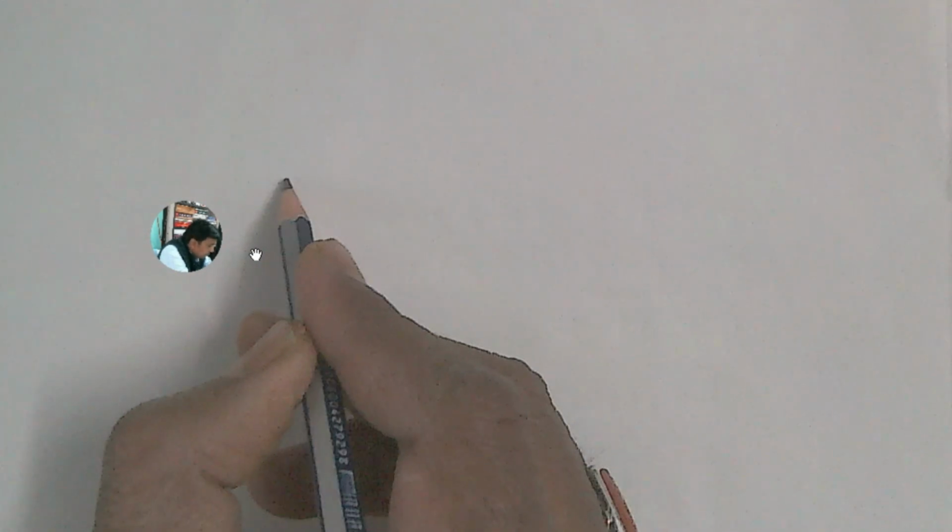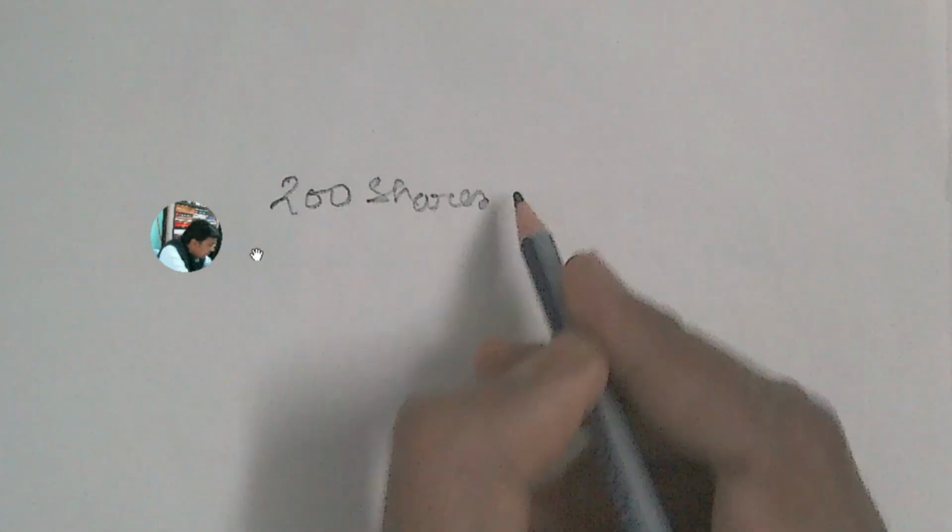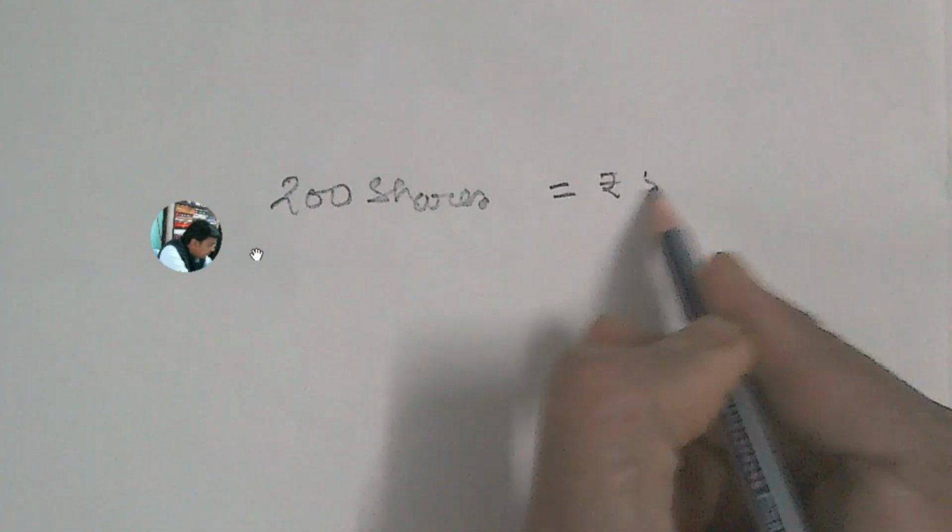The calculations can be done in this manner. Here the company has forfeited 200 shares, and the forfeited amount is rupees 500.